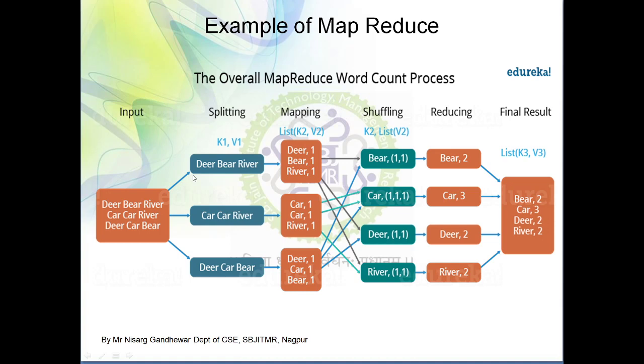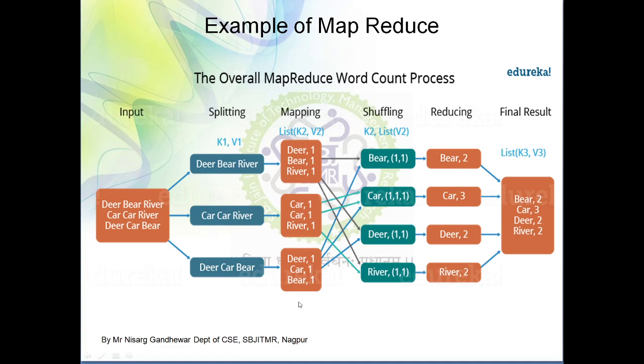This is the first, this one is the second, and this one is the third. So here we perform the split operation, splitting this large file into 3 sub files. After dividing this into 3 sub files, we'll submit it to the map.